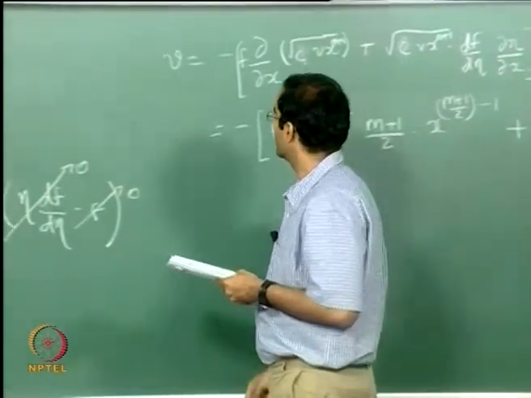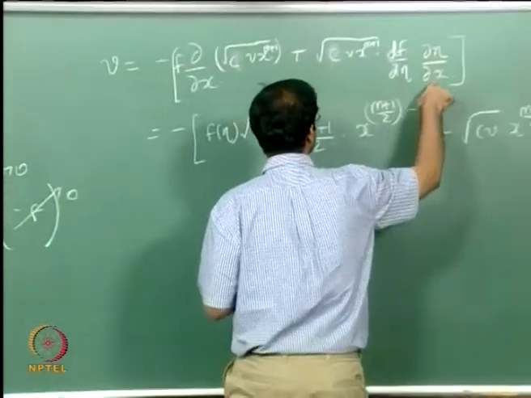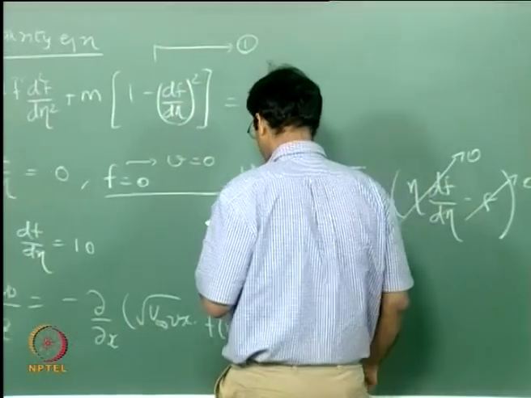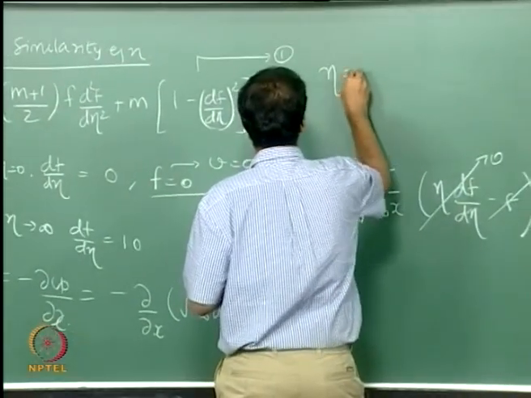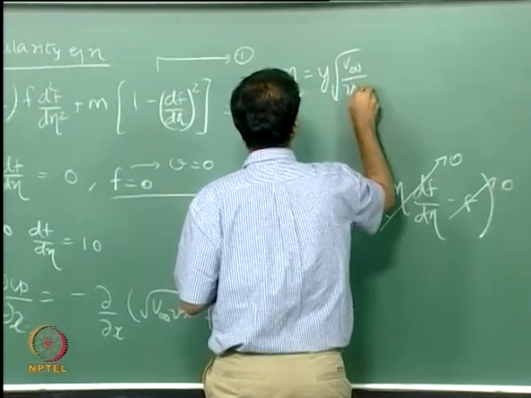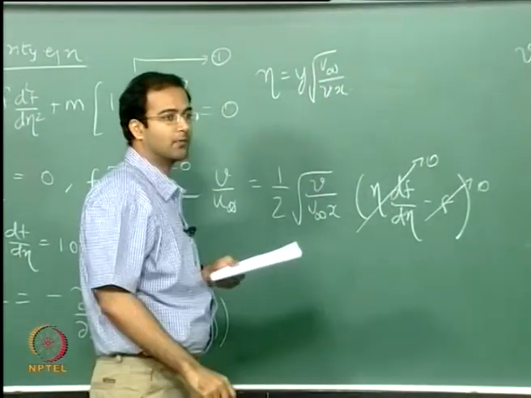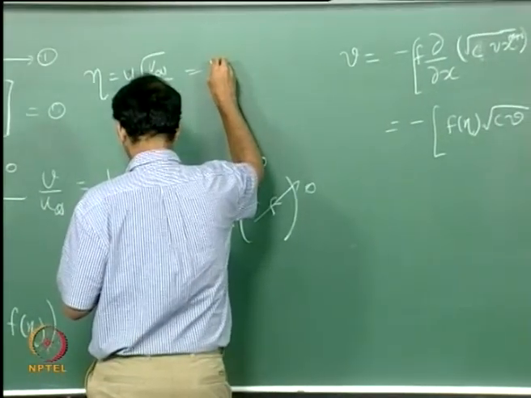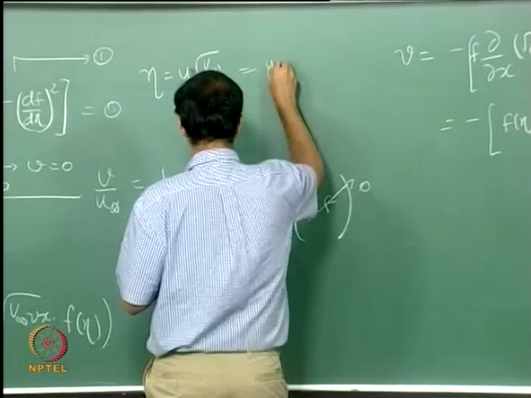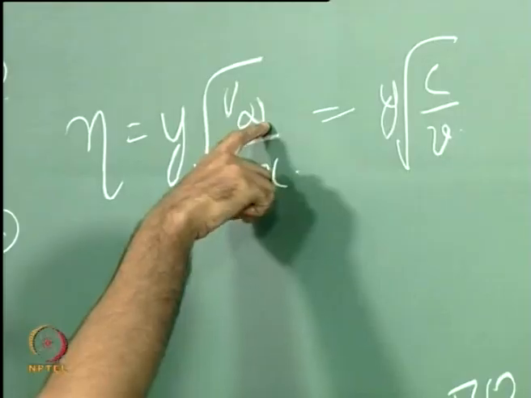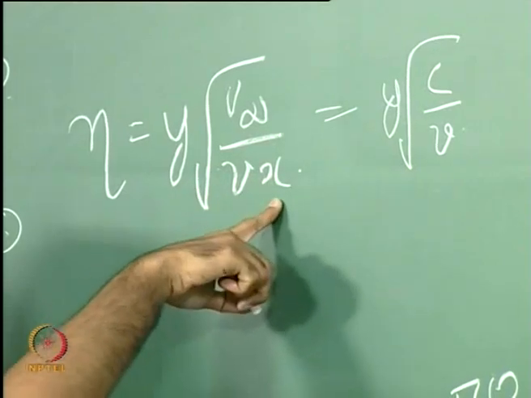So now again we have to differentiate eta with respect to x, and we know our eta is nothing but y square root of u infinity by nu x. Okay, now again u infinity you have to write in terms of x, so this will be y square root of c by nu, x power m minus 1 by 2.